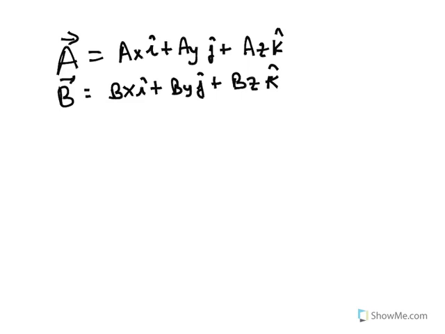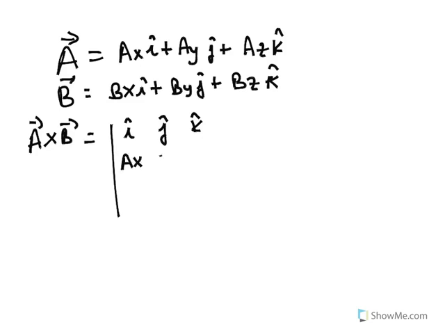So if you have two vectors with components and you want to perform A cross B, then you have to build a matrix, and in the matrix you always put i, j, k at the beginning, and then the components, that is, Ax, Ay, Az, and Bx, By, and Bz.